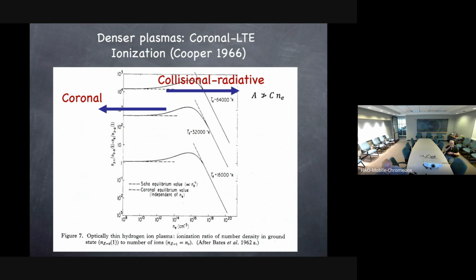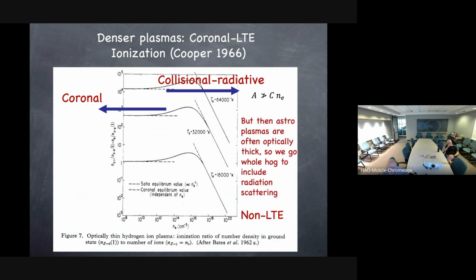This is typically what people talk about. I'm talking about the left-hand side today; the right-hand side of this figure is something I'm going to get to. But if you think about it in astronomy, an electron density of 10 to the 14 compared with 10 to the 8 is 6 orders of magnitude larger.